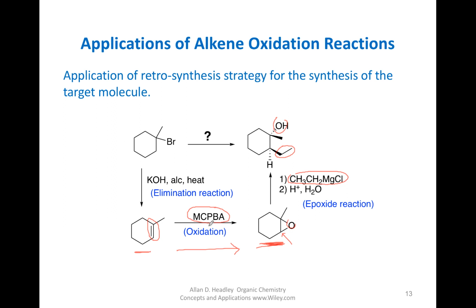A reaction that we'll have to remember from earlier chapters is the elimination. So in the presence of a strong base such as potassium hydroxide, alcohol as a solvent, and heat, we have an elimination reaction where the Br and one of these H's will come off to form here the alkene.